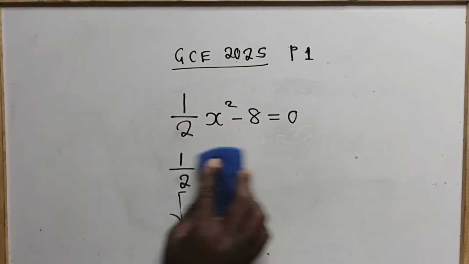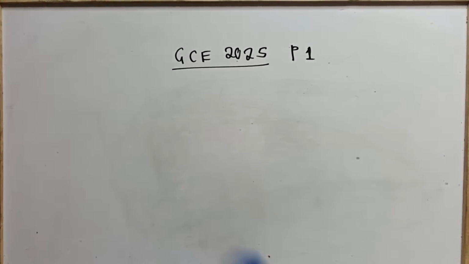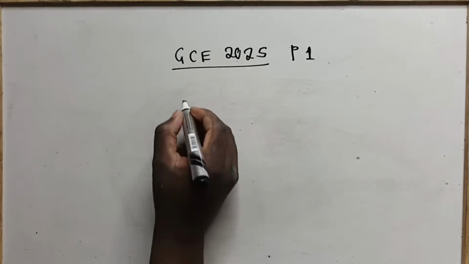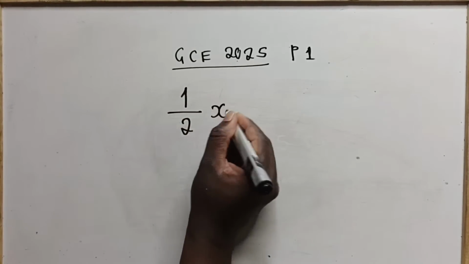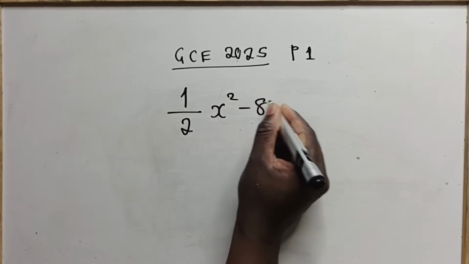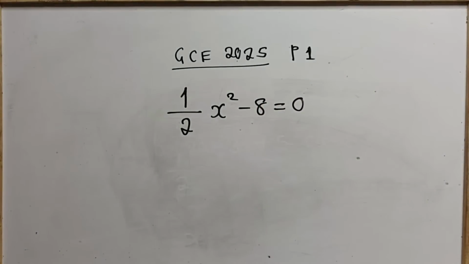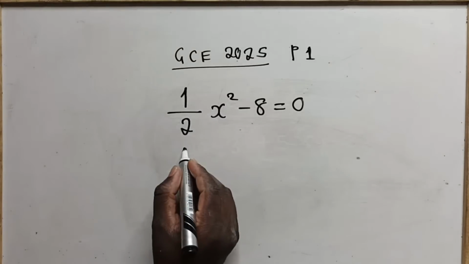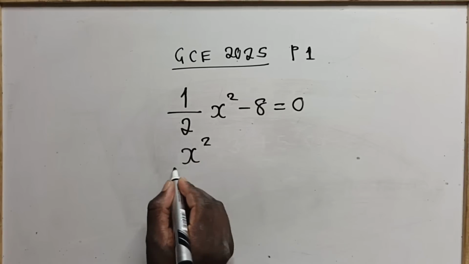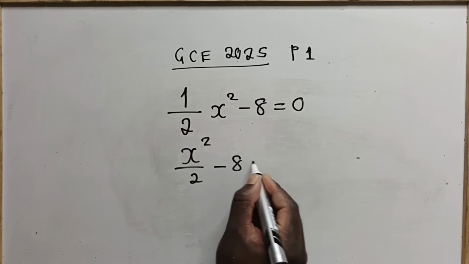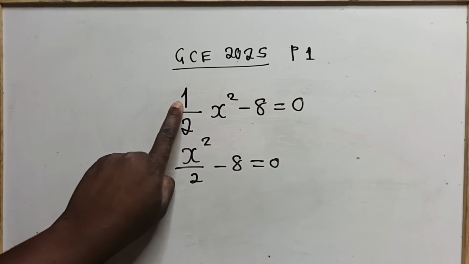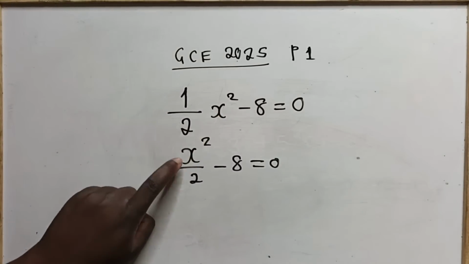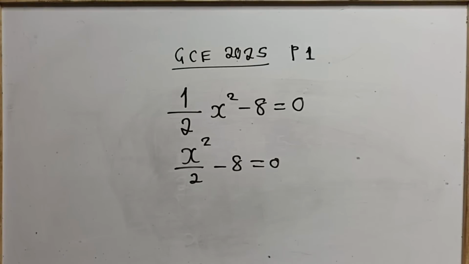So here, this is how the question looks. We've got 1 over 2 x power 2 minus 8 is equal to 0. So what you need to know is that this can be written as x power 2 over 2 minus 8 equal to 0, because 1 can be multiplied by x power 2, which will give us x power 2 over a 2.